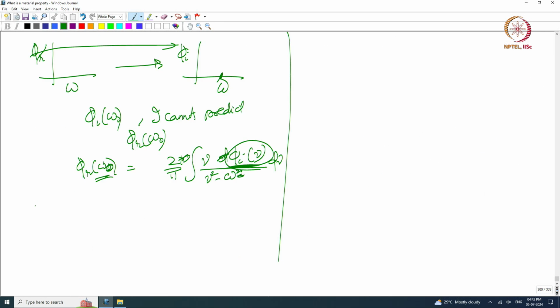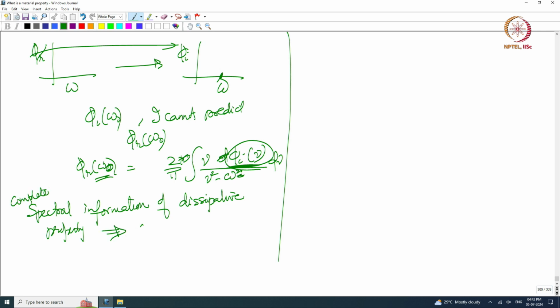This is what is called spectral information. Complete spectral information of the dissipative property means I have complete spectral information about the conservative property, and vice versa.